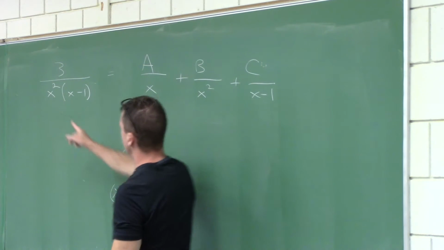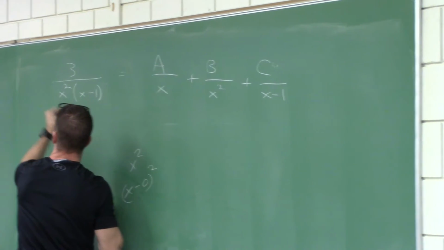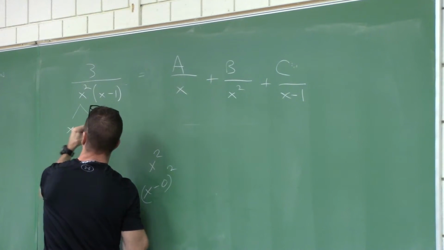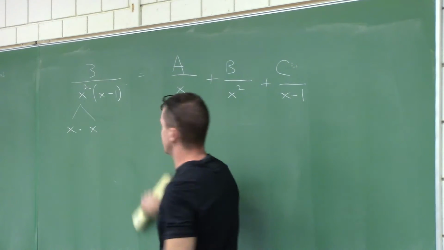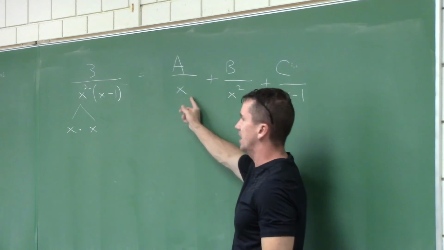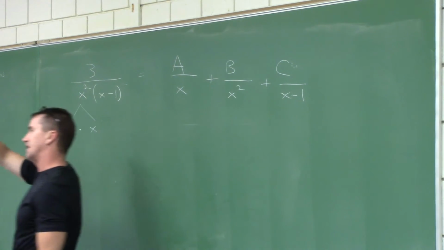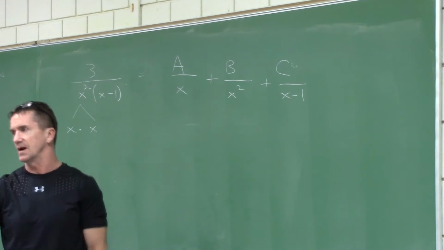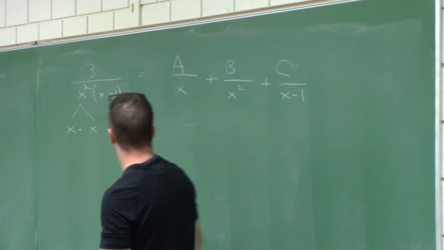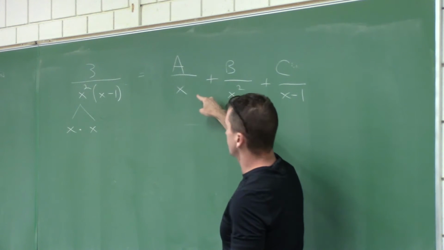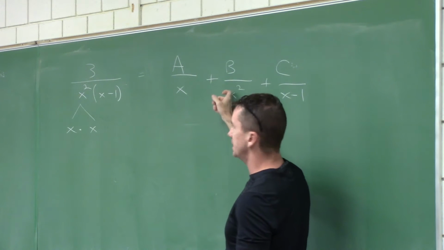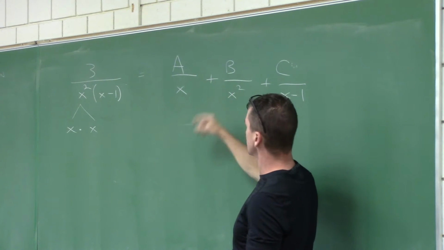And you bet, because that x is really x times x, isn't it? Crazy thing, students sometimes wonder, wait, why did you put A over x plus B over the other one? Because we think of this as a linear repeated factor, right? So if you ever see linear repeated factors, you have to put an A over the first power and then a B over x to the second power.